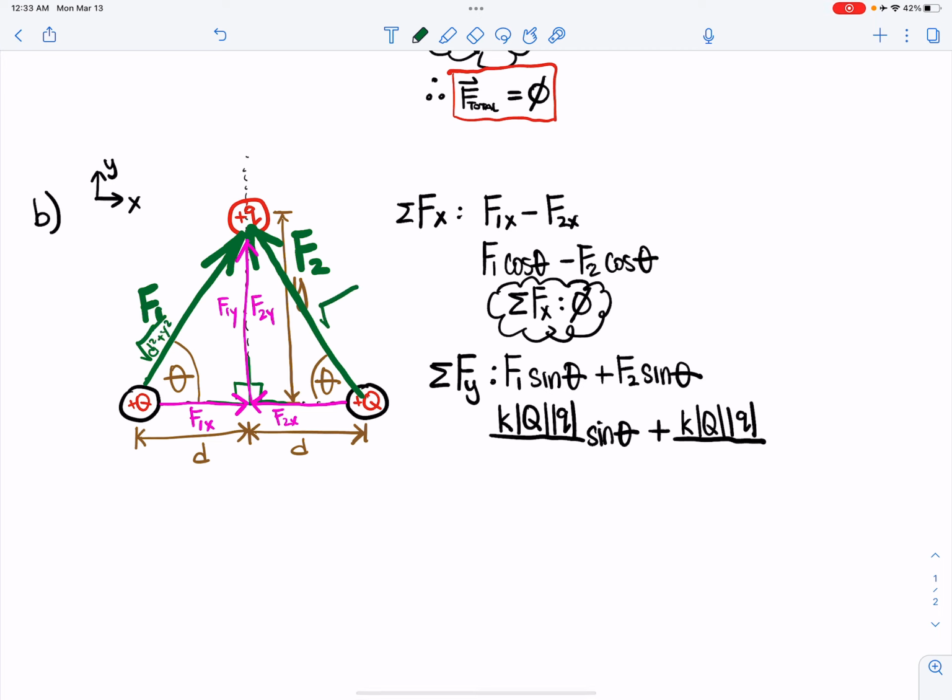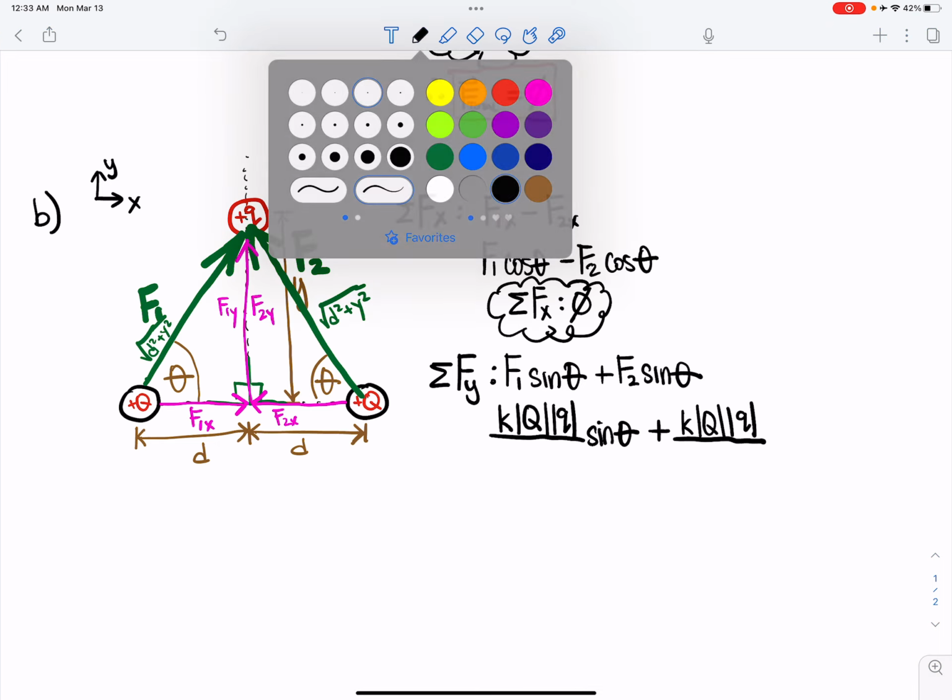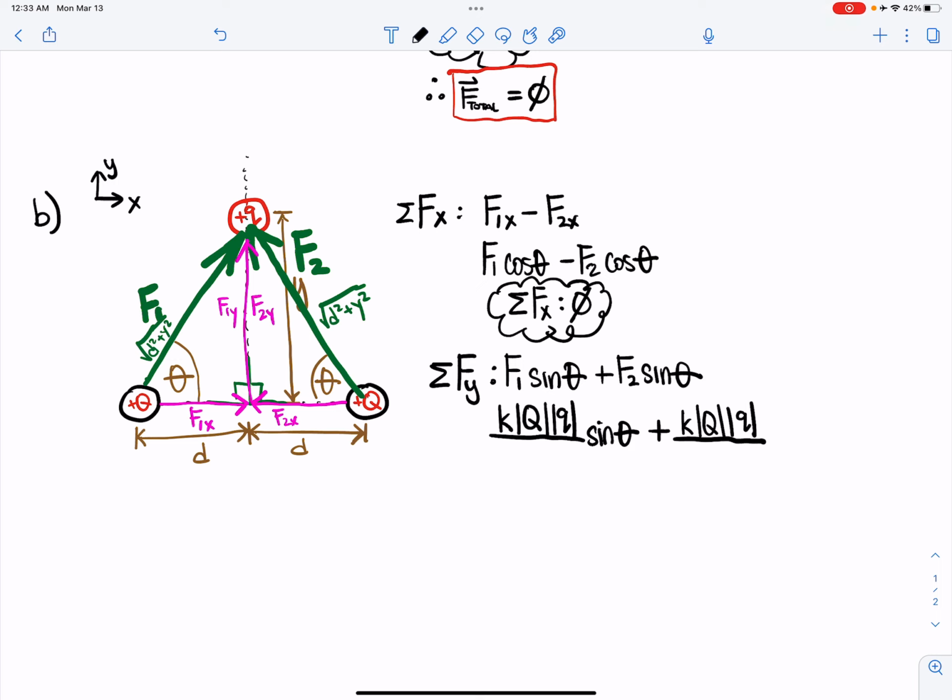So this is also the square root of d squared plus y squared. My apologies.